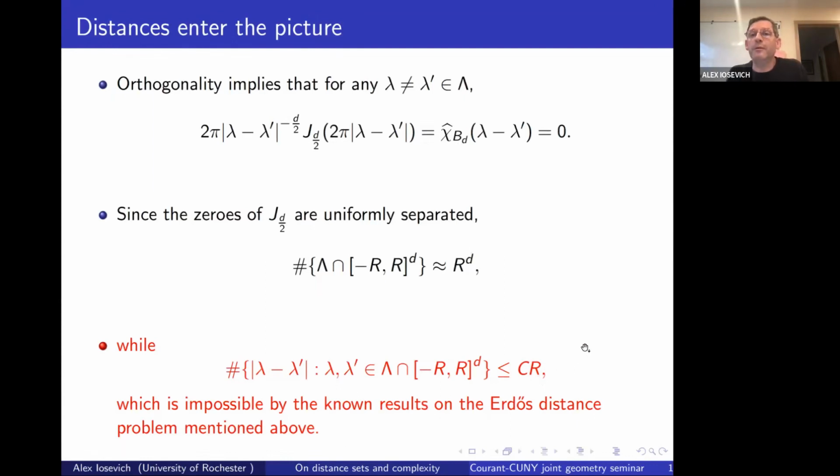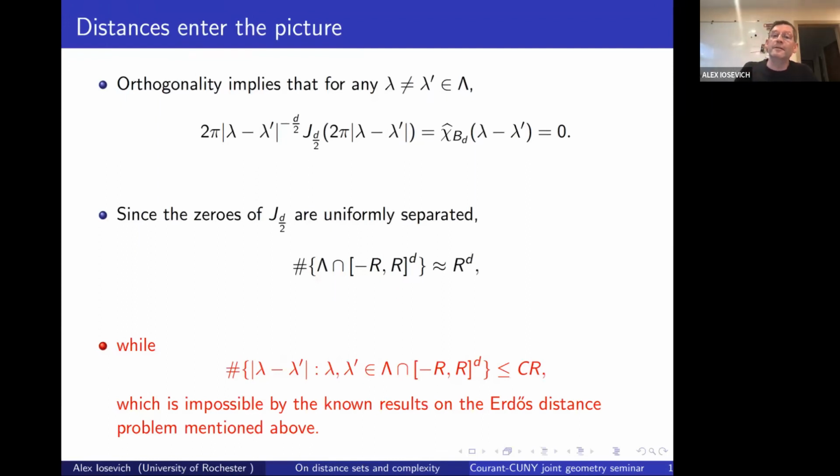So if we are to believe that L2 of the ball has an orthogonal basis of exponentials, this will lead to an extremely magical point set, which has r to the d points, and the number of distinct distances is bounded by a constant times r. And based on our discussion about what is known about the Erdős distance problem, this is simply impossible.